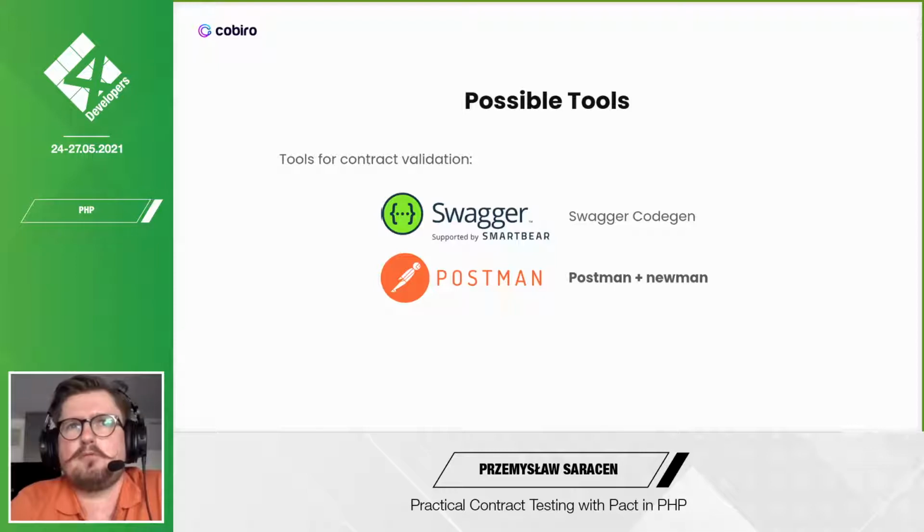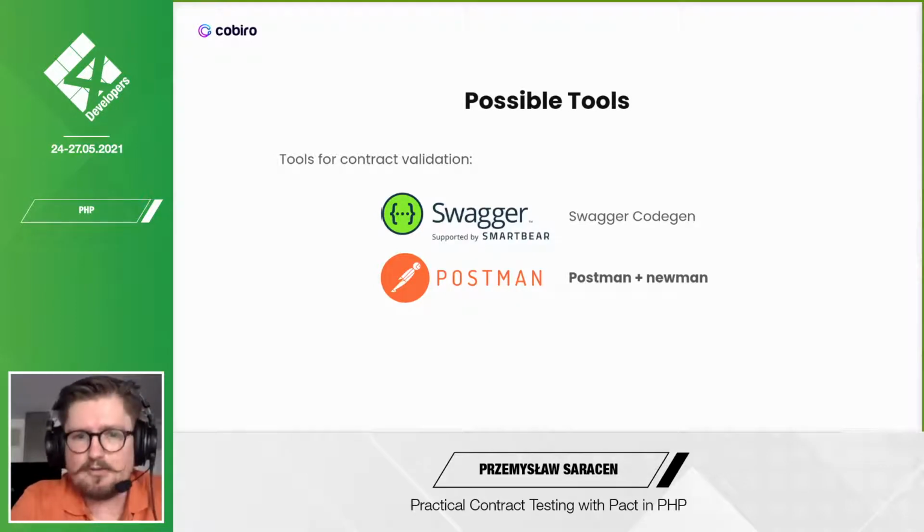Like, for example, you can define that this interaction will return HTTP status code 200, write assertions on it, etc. This is a tool which is more usable, but it also has one downside.